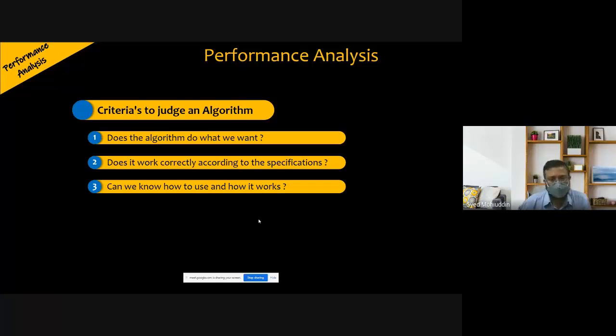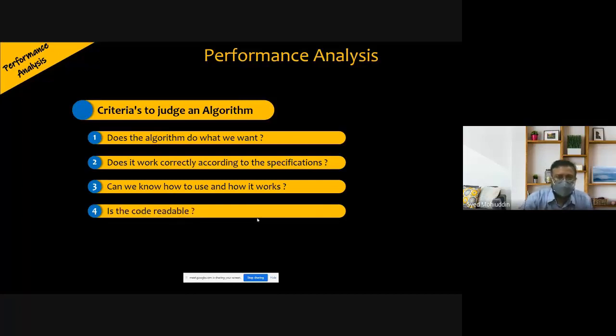So you should know how it works. Then, is the code understandable or readable? You may use any kind of variables, but is it understandable by anyone who looks at it?